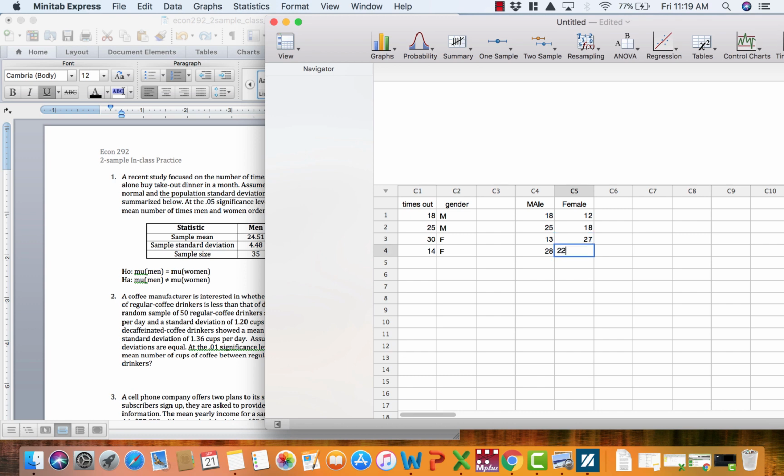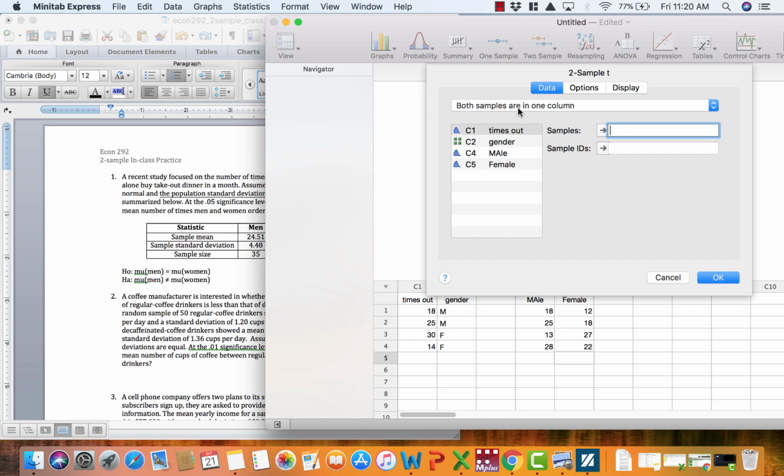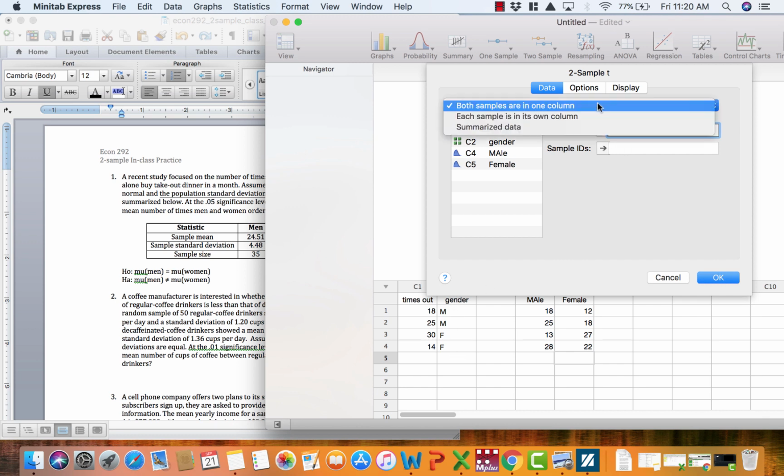All right, so again, let's go back to 2 sample t here. Both samples are in one column would look like this first example in C1 and C2. Both samples are in C1, and then you have the qualifier in C2. So here C1 times out would be the sample, and gender would be the sample ID.